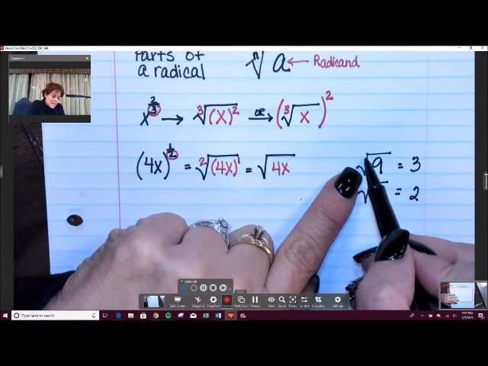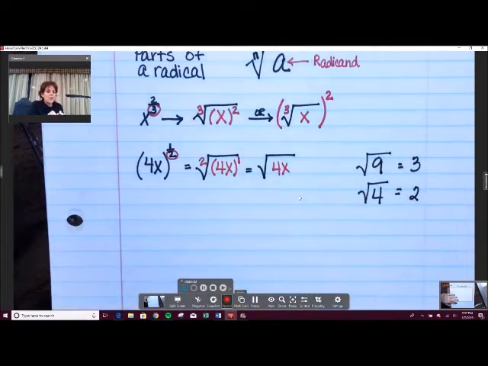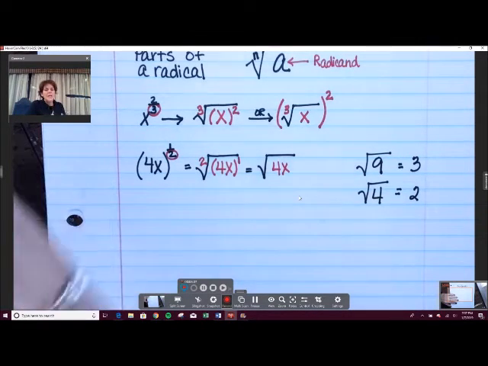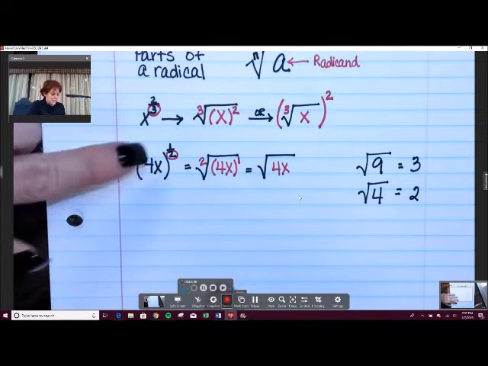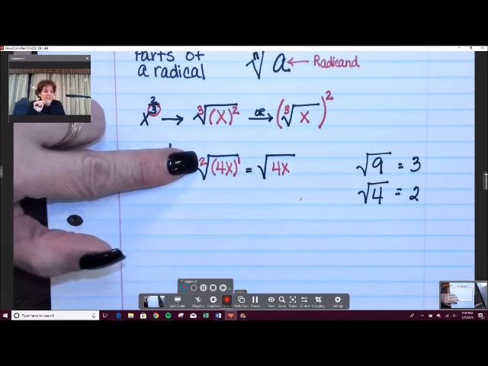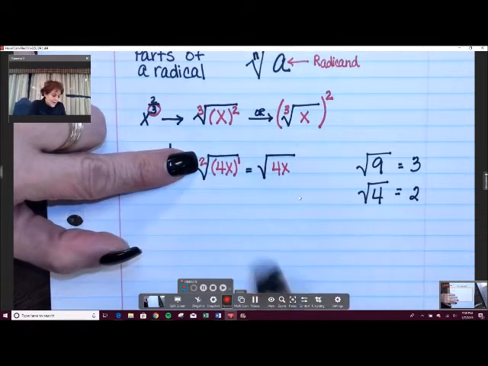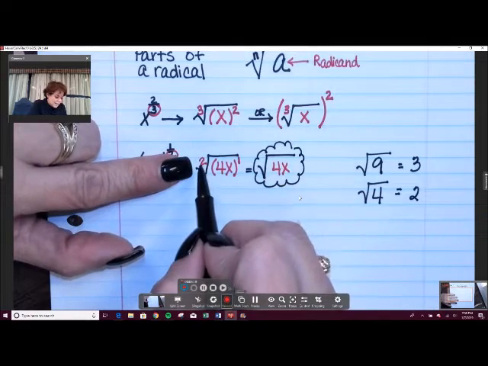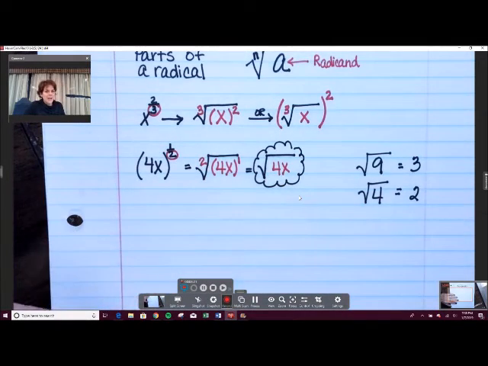Whenever this is empty, it's understood that it's a 2. It's the square root, the most common one that we're going to use. So when I have a 2 right here, I don't necessarily have to write that. I can leave that little 2 off. I don't have to write it.